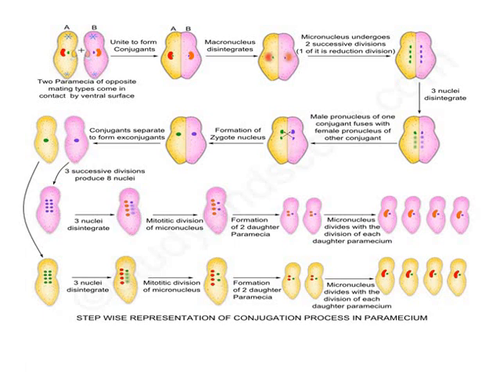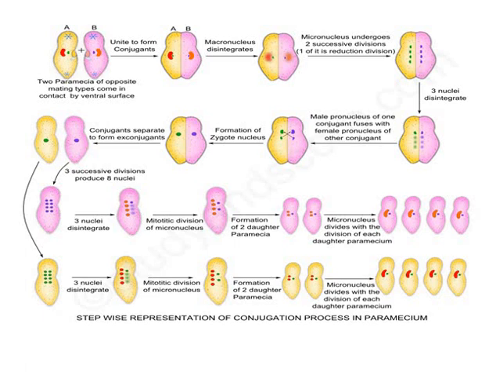They unite to form conjugants, and the macronucleus disintegrates. The micronucleus undergoes two successive divisions, one of which is a reduction division. 3 nuclei degenerate. The male pronucleus of one conjugant fuses with the female pronucleus of the other conjugant, forming the zygote nucleus.